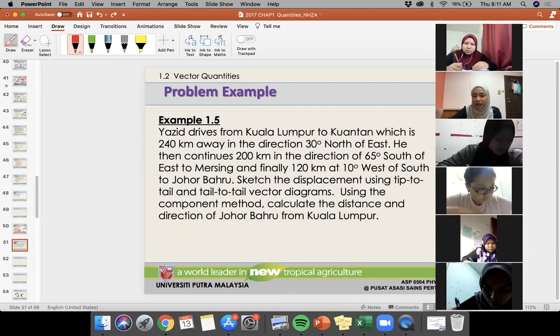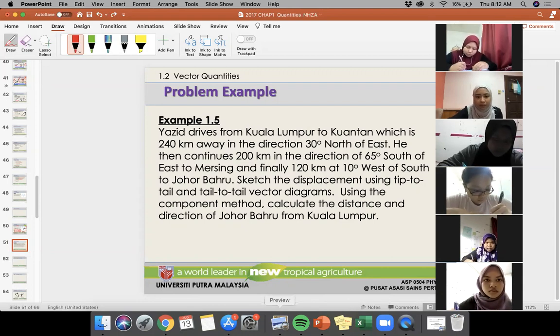Okay, can I get Haiman and Haris to draw? Okay, Zoom, we can annotate this. So Haiman and Haris. Haiman, tail to tail, Haris, tip to tail.